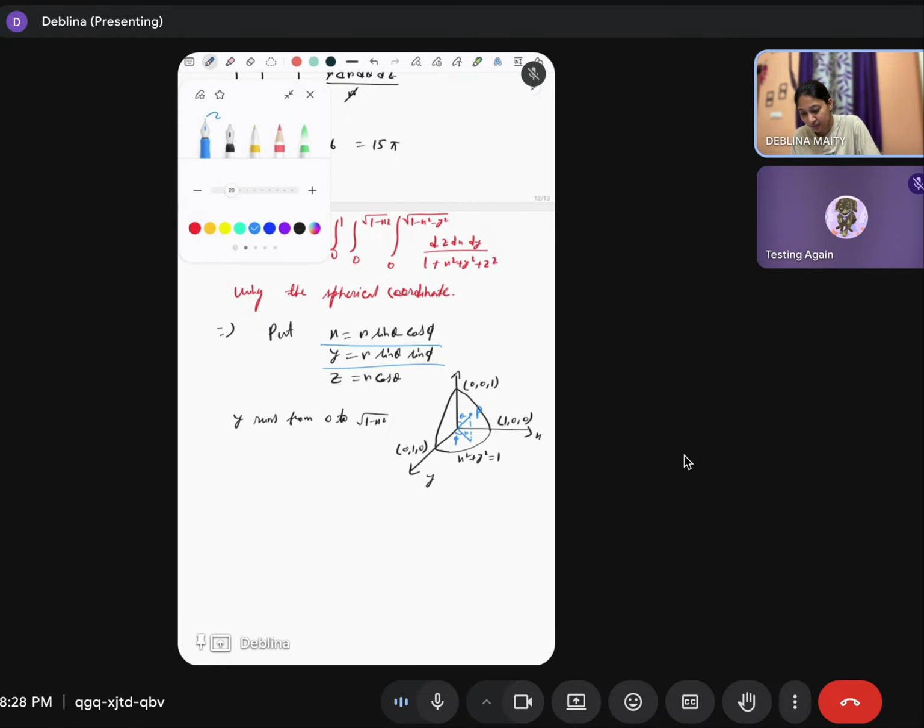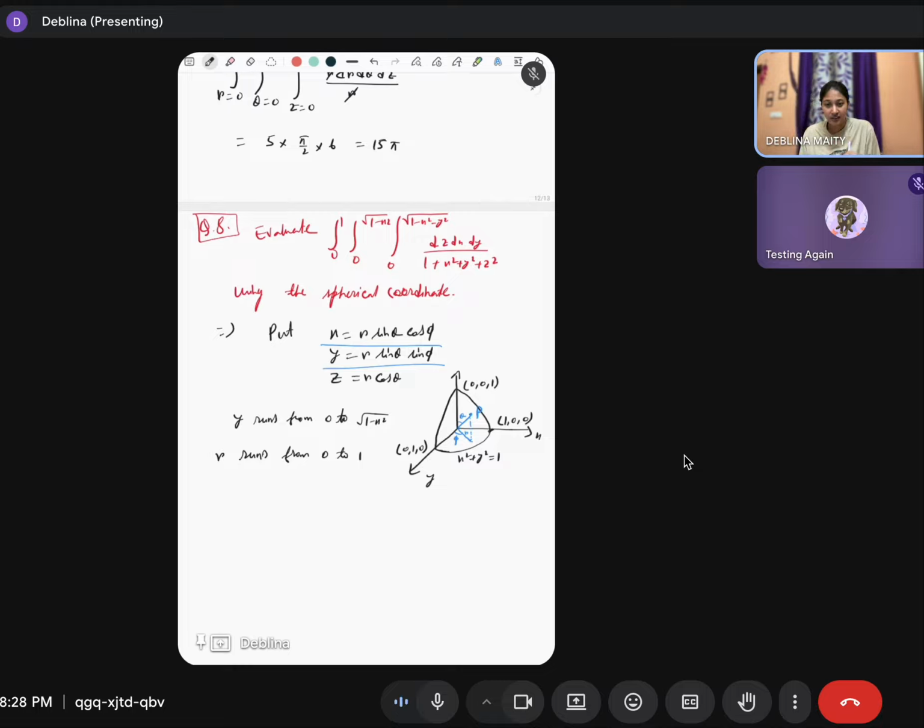So r runs from 0 to 1, right? So the radius of this circle is 1, and theta runs from, since this is in the first octant, theta can be maximum pi by 2, right? This is theta, 0 to pi by 2. From here it can go to the xy plane, so it is going to be pi by 2.